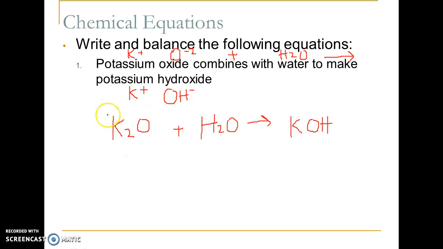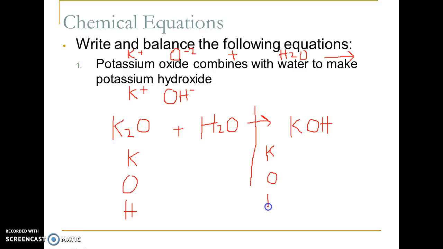I have 2 potassiums on this side, and I have 1 potassium on that side. That's a clear indicator that it's time to balance this chemical equation. So I've split my equation into 2, and I am going to do my inventory. I have potassium, oxygen, and hydrogen. Potassium, that's okay.